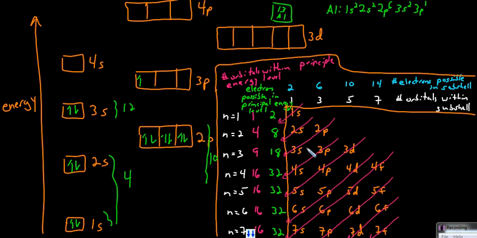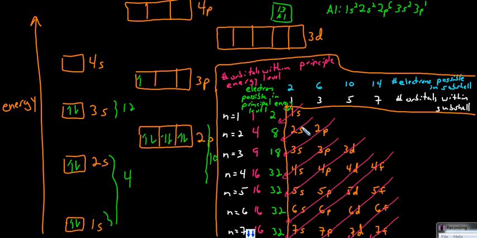So this tells you what orbitals exist, which ones are filled first, and then how many electrons can go into the subshells there. You can see in these purple arrows the order in which we'll fill subshells.